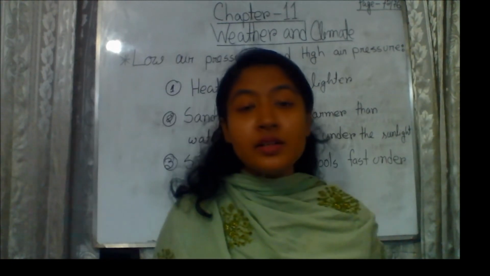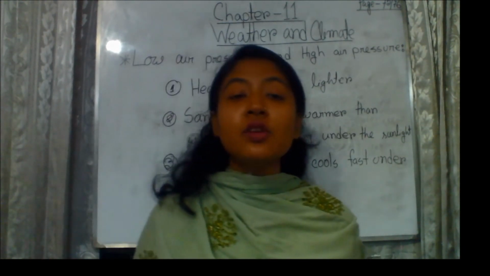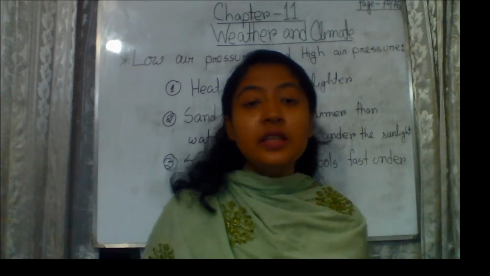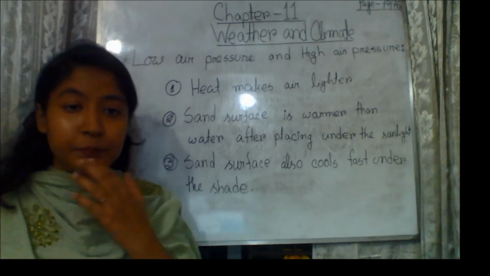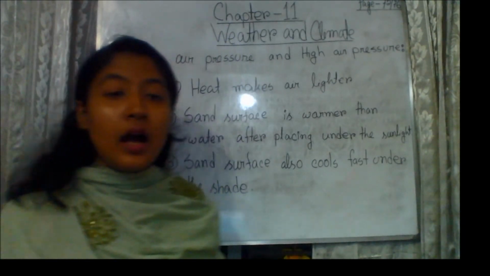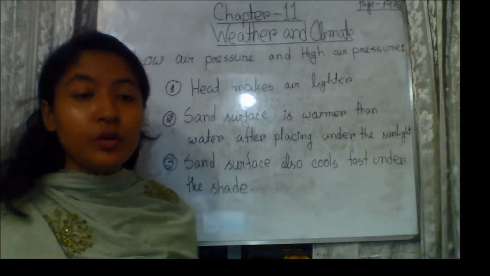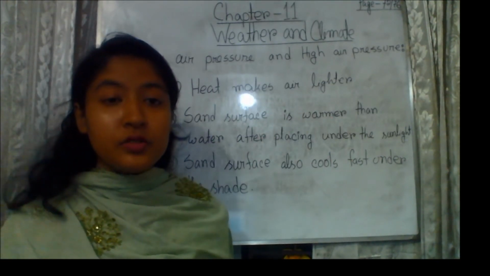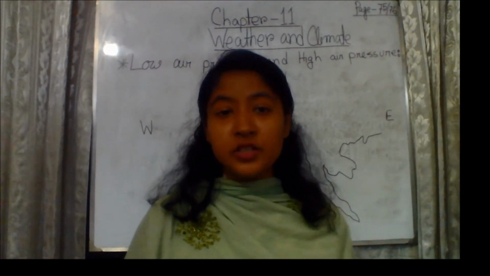If you want to understand the facts of low air pressure and high air pressure, then you have to memorize these 3 conditions. I hope all of you write down these 3 conditions in your notebook. Then we will proceed to our next topic, low air pressure and high air pressure.